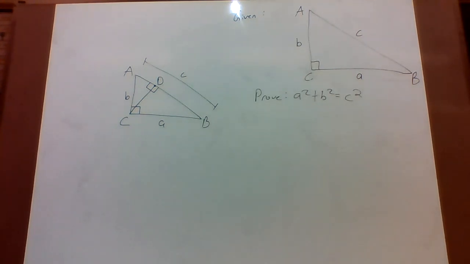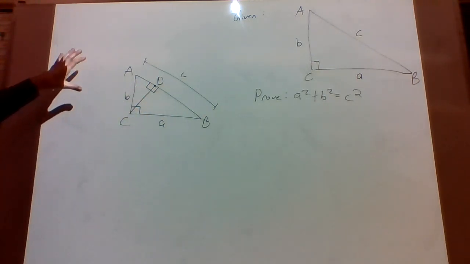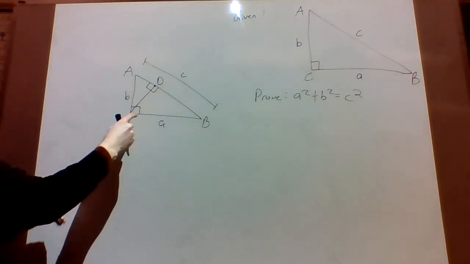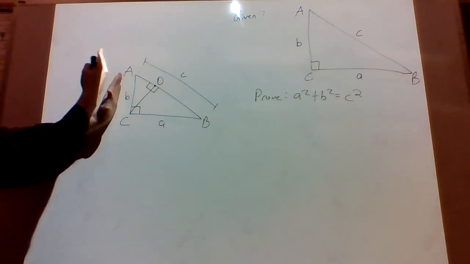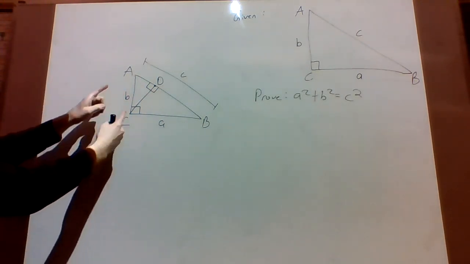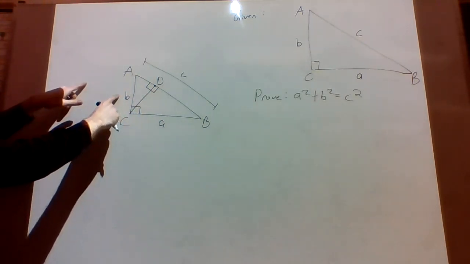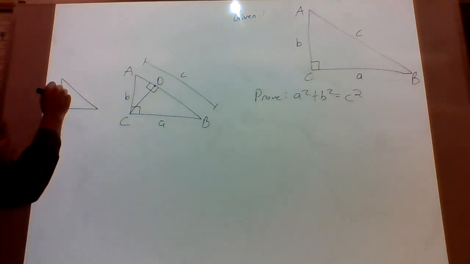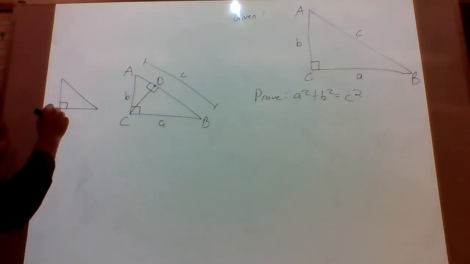And what we want to do is redraw the two inside triangles, the two smaller triangles. I'm going to draw them over here. So I'm going to redraw this small one. I'm going to flip it over, and then I'm going to rotate it. So here's D, a right angle.